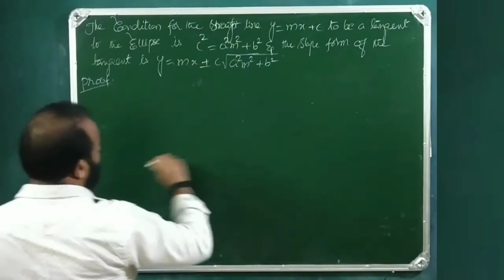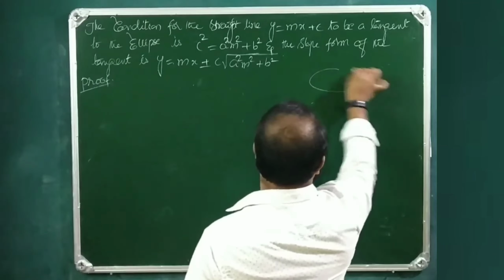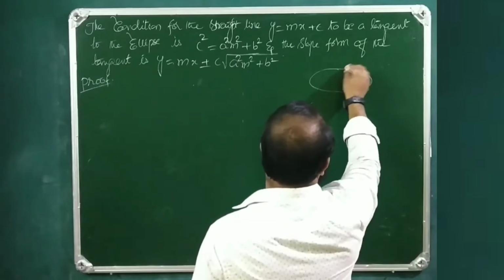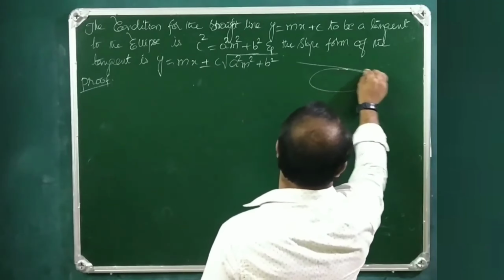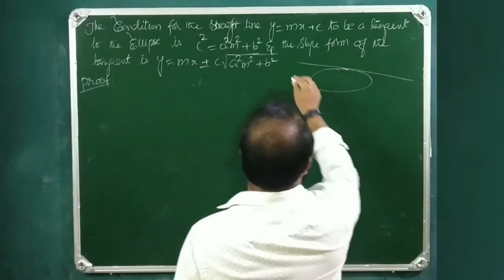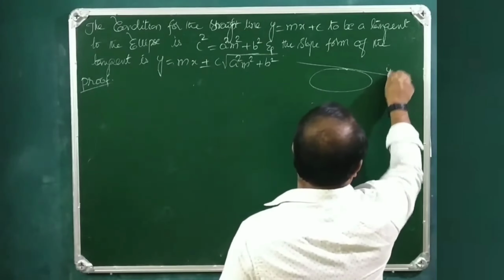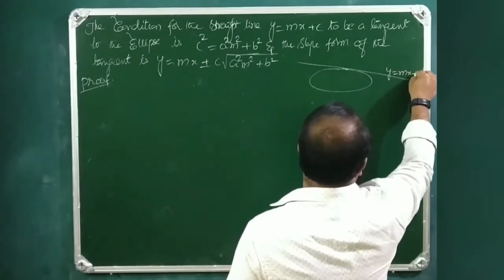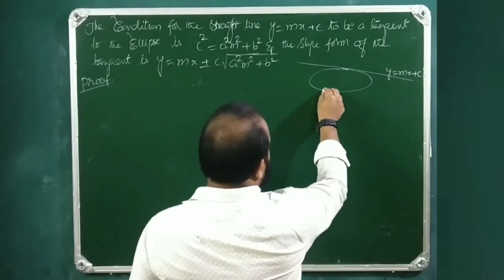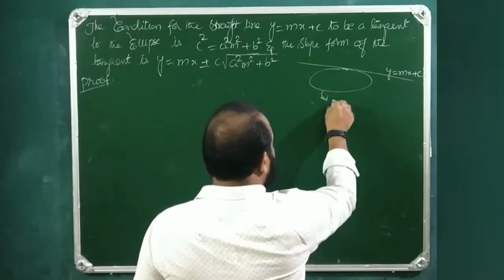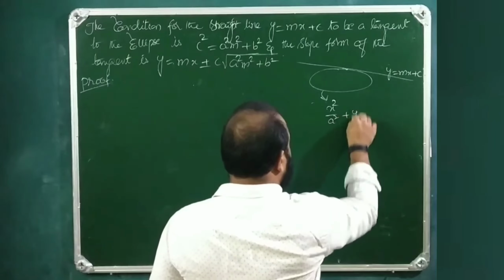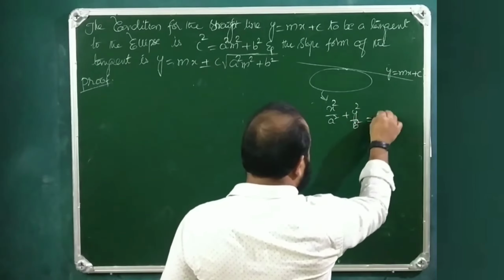So that means this is the ellipse and this is our straight line, y is equals to mx plus c, and this is x square by a square plus y square by b square equals to 1.